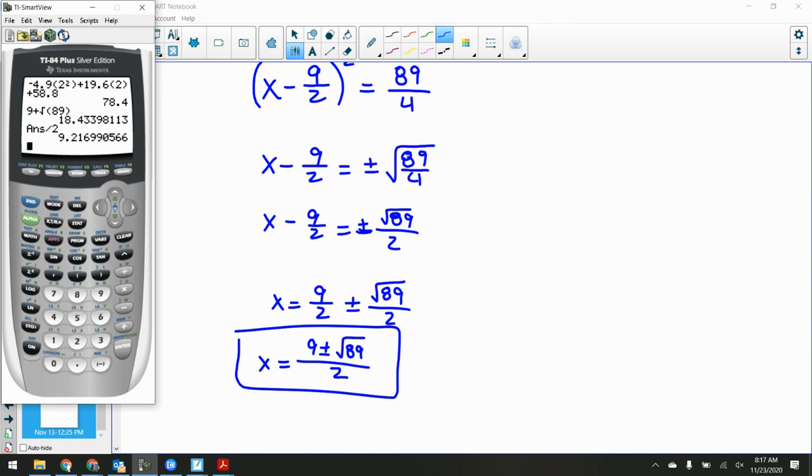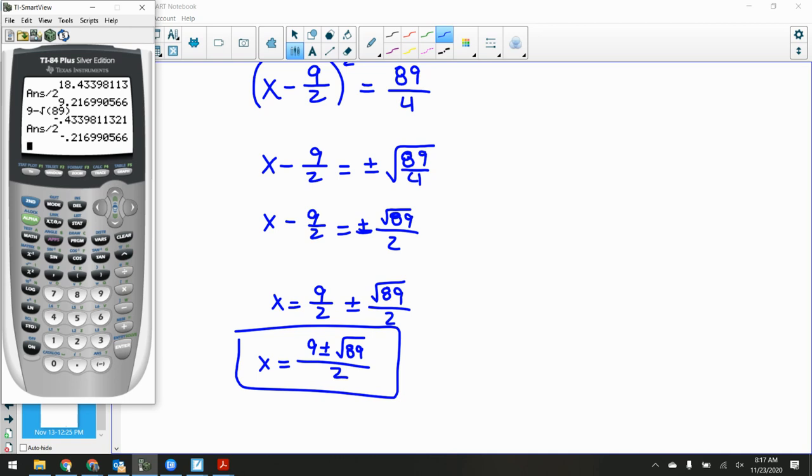So it's got an x-intercept at 9.22, and then 9 minus the square root of 89 divided by 2. So 9.22 and negative 0.22. Notice that the decimals are the same because they're equidistant from my axis of symmetry.